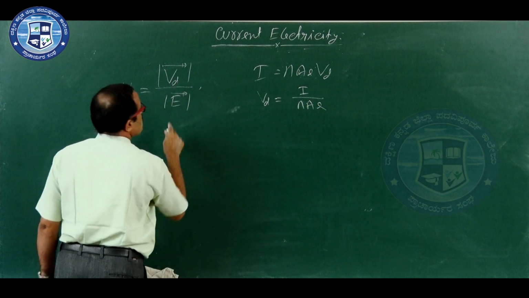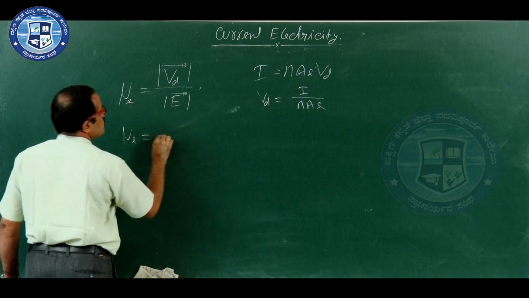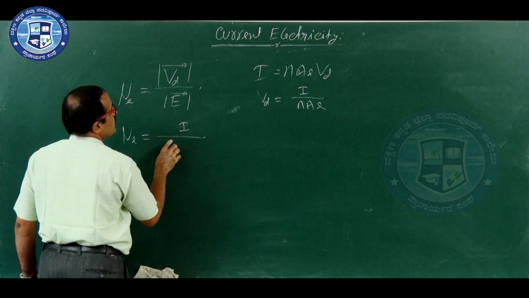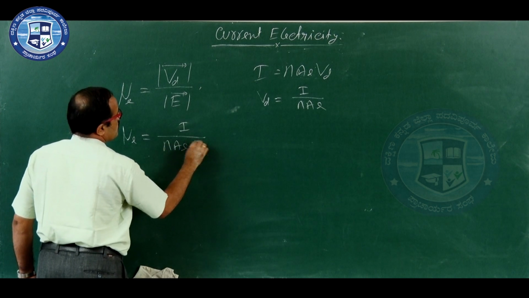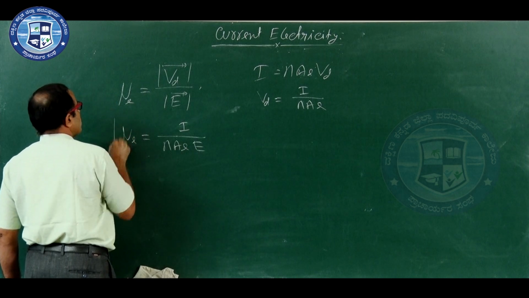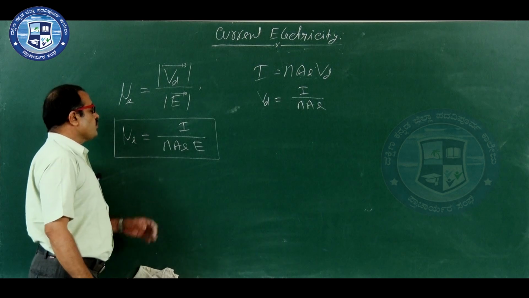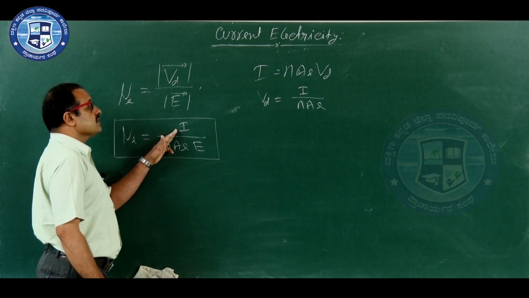So, we substitute that one here. Therefore, free electron mobility is equal to I divided by NAE into E. This is one more equation, one more equation for free electron mobility in terms of electric current.